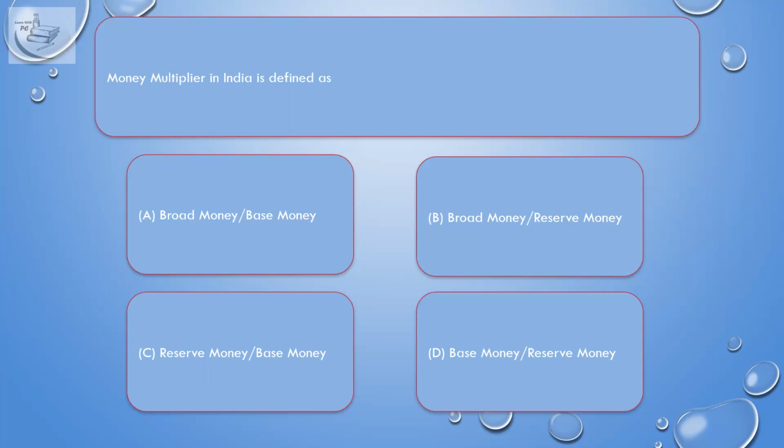Question: Money multiplier in India is defined as A. Broad money, base money, B. Broad money, reserve money, C. Reserve money, base money, D. Base money, reserve money. Correct answer is B. Broad money, reserve money.